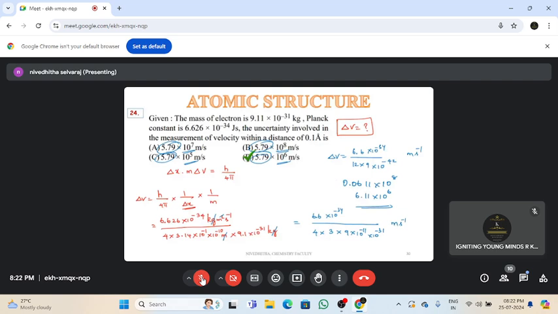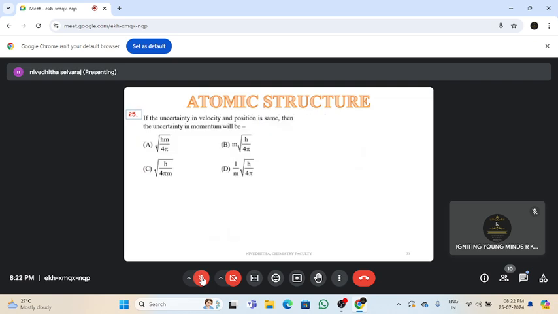Okay, we'll move on to next question. Divya, you got the answer right? Yes, ma'am. Okay. So we'll move on to next question. If uncertainty in velocity and position is same, then the uncertainty in momentum will be dash.